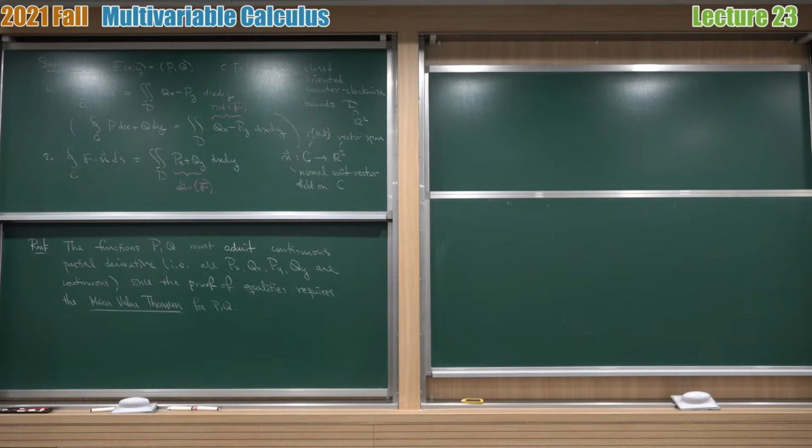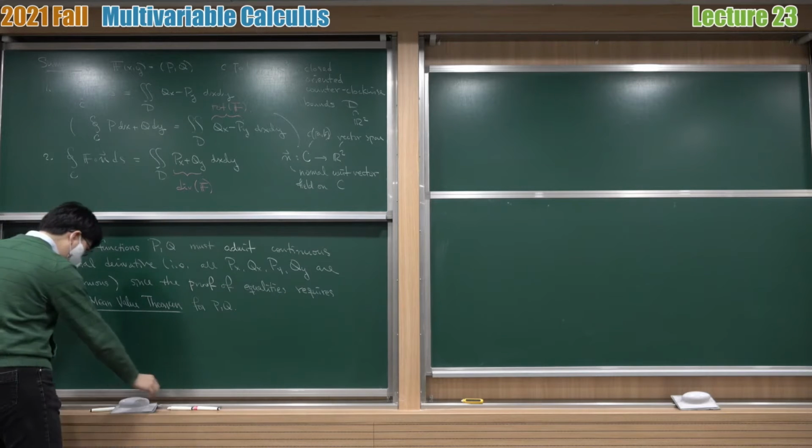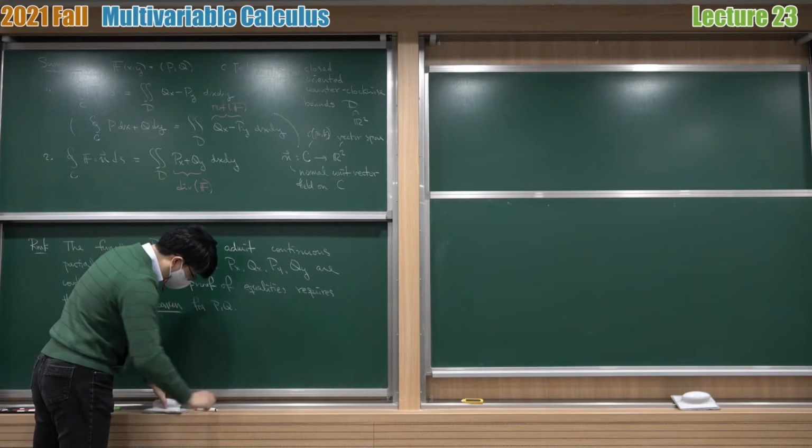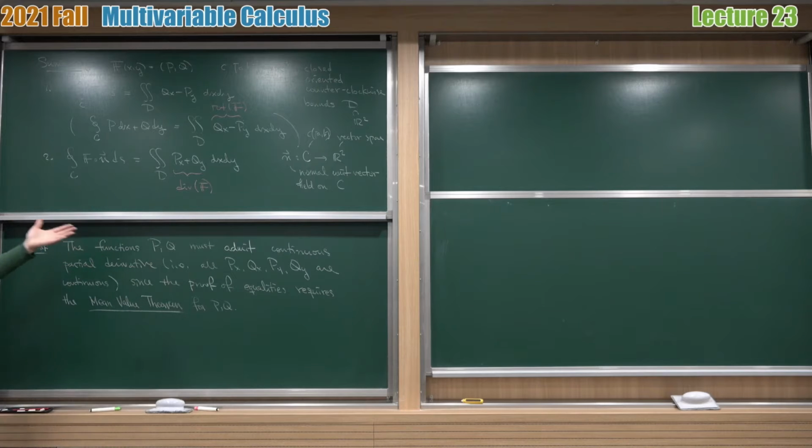Okay, so what we're going to do today is generalize this argument to three-dimensional space. So far, everything is in two dimensions. We're going to think about how a similar thing could happen in three-dimensional space.